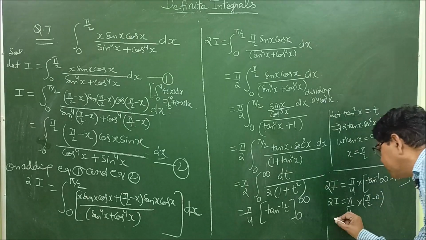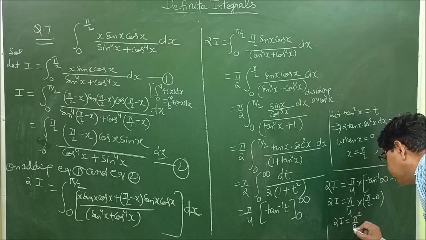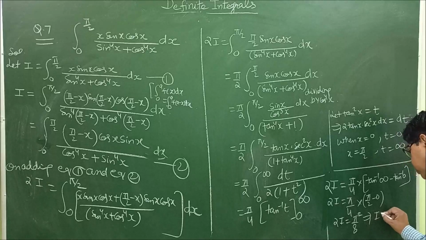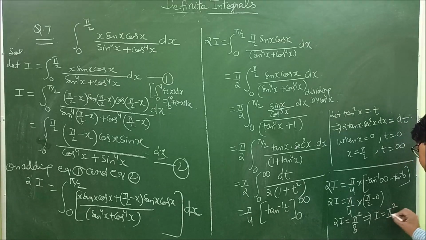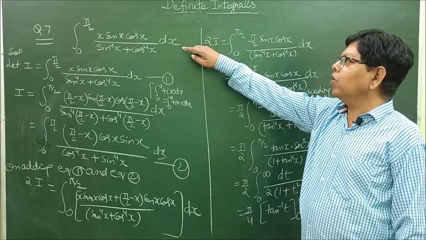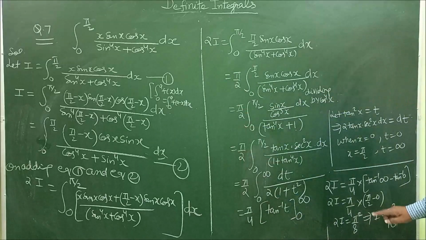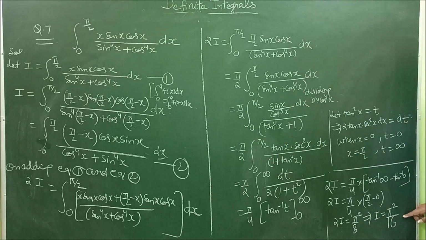So 2I is equal to pi square upon 8, which implies that I is equal to pi square upon 16. So the final answer of this question, integral 0 to pi by 2 of x sin x cos x upon sin 4x plus cos 4x dx, is equal to pi square upon 16.